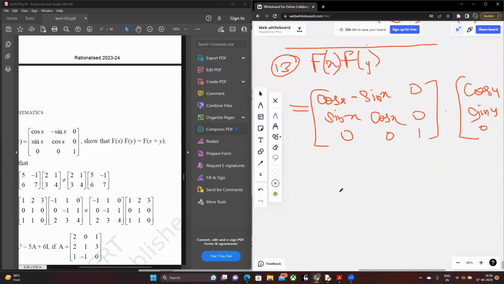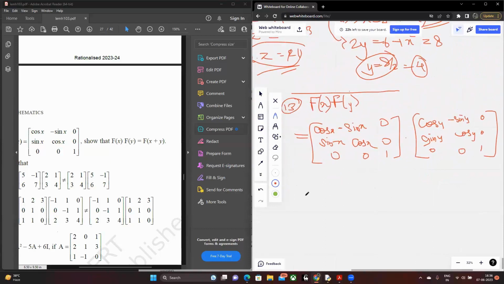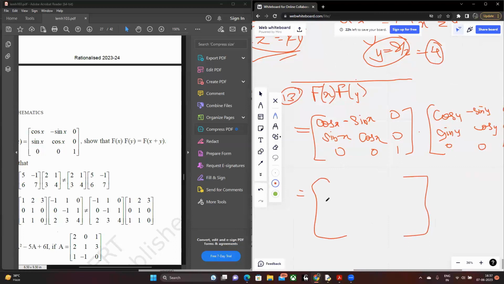So, using your normal matrix multiplication rules, again, the product is going to be a 3 by 3 matrix because there are 9 elements, 3 by 3 over here and over here, right?